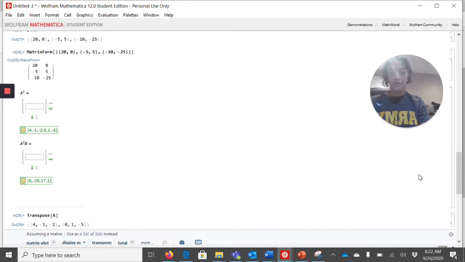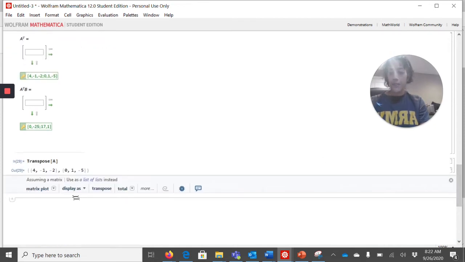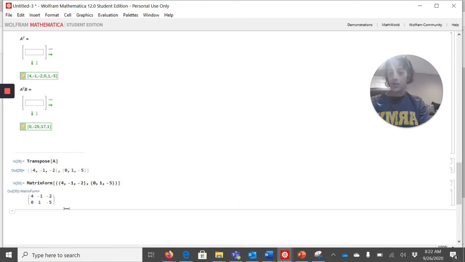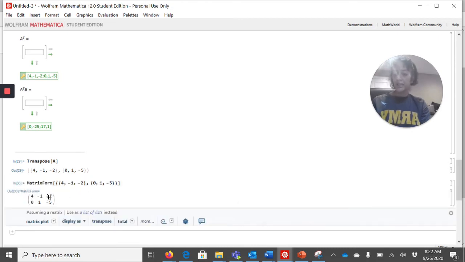And I want that as a matrix. So it used to be that the first column was 4, minus 1, minus 2, and now the first row is 4, minus 1, minus 2. The second column was 0, 1, minus 5. Now the second row is 0, 1, minus 5. So this is A transpose.